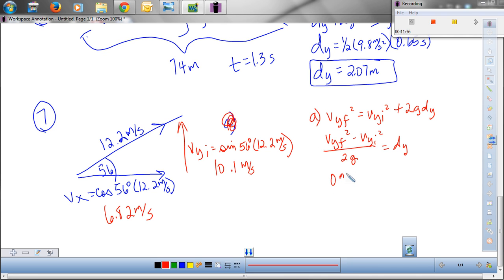So 0 at the highest point, because gravity has stopped it, minus 10.1 initial vertical velocity squared over negative 19.6, because 2 times g is 2 times 9.8. It's negative because it's being slowed down by gravity. So I should be able to square 10.1 and divide it by 19.6. I should be pretty close to 5. So we get 5.22 meters is dy.